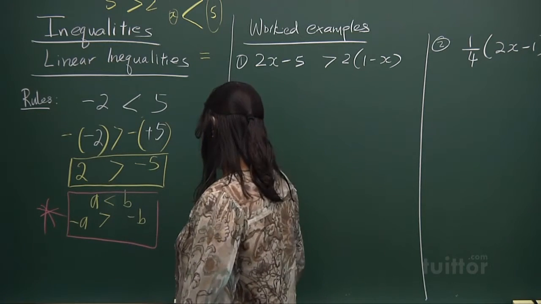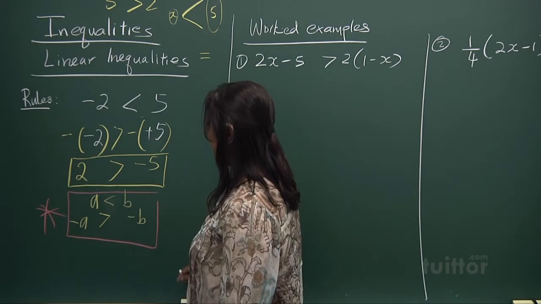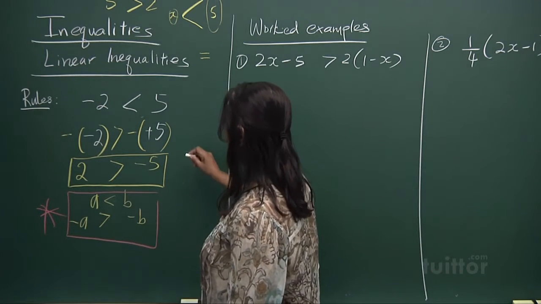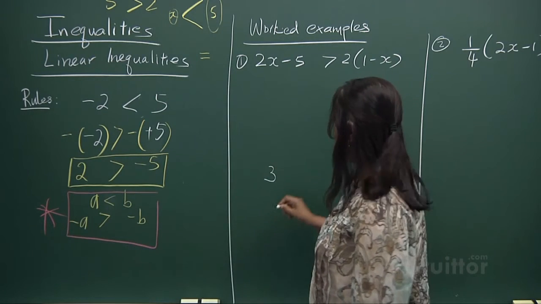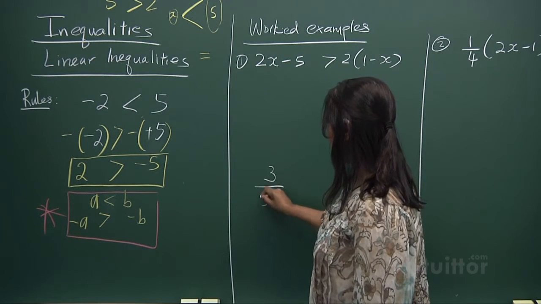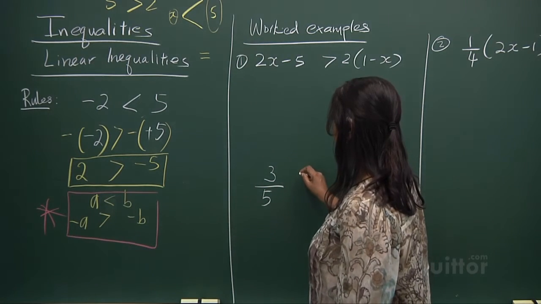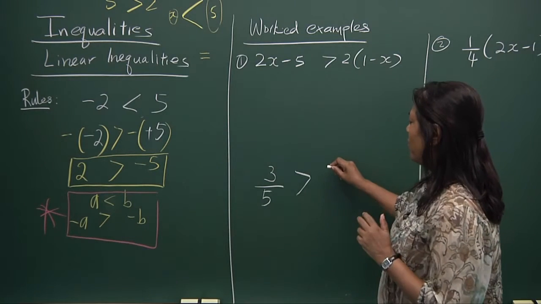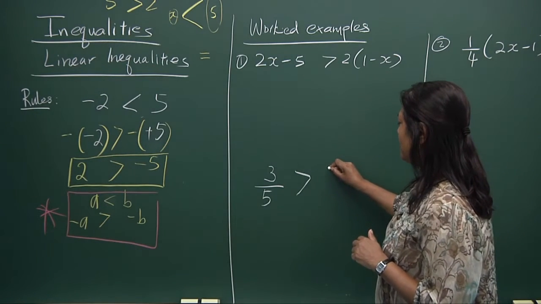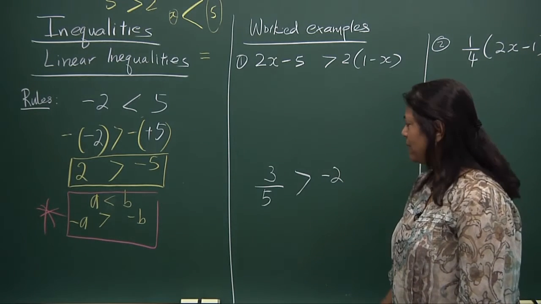Now the next thing is, if I have 3 upon 5, 3 upon 5 is bigger than, shall I put it as, minus 2, right? 3 upon 5 is bigger than minus 2.